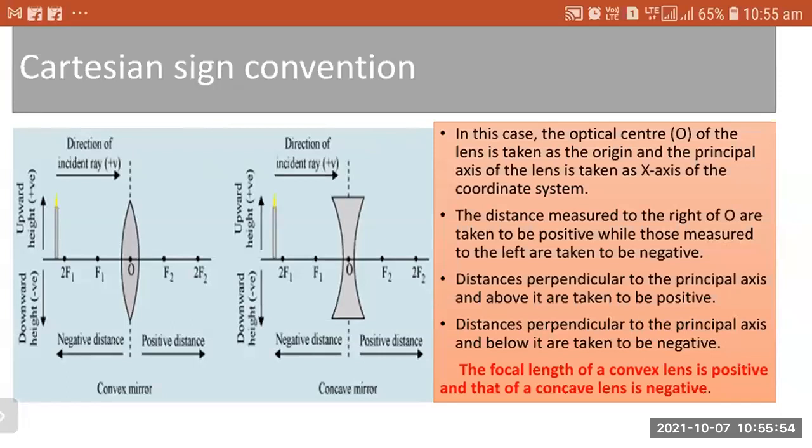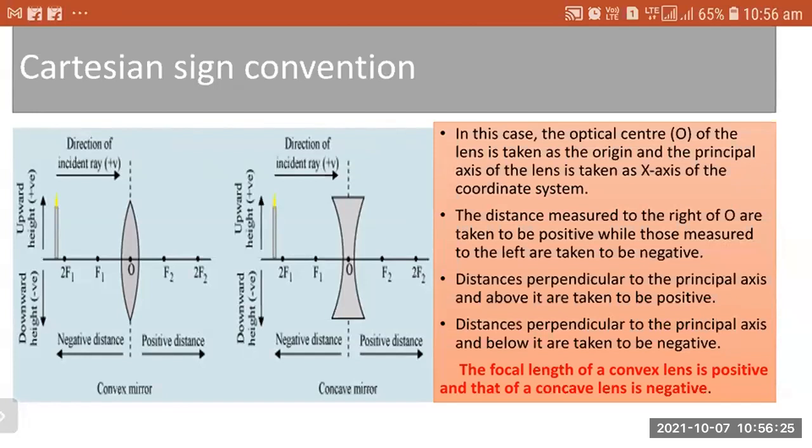So these four conditions you need to remember. Right side of the optical center is positive, left side of the optical center is negative.